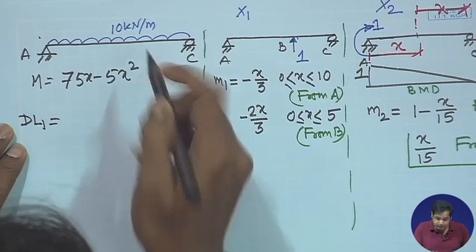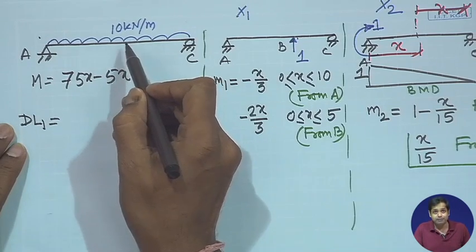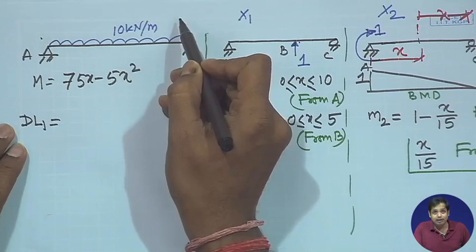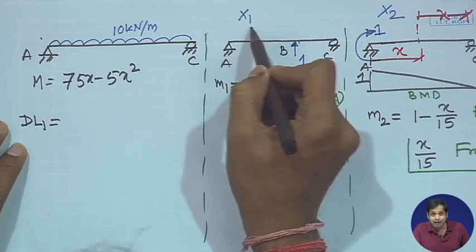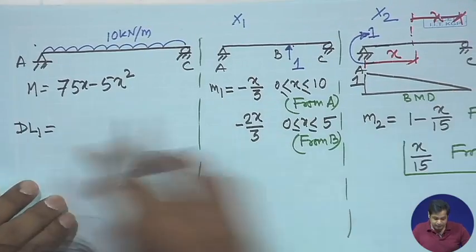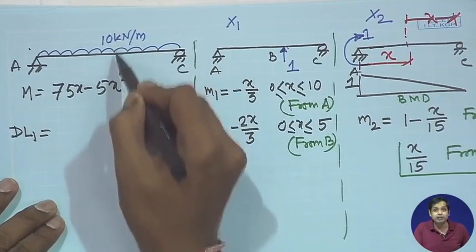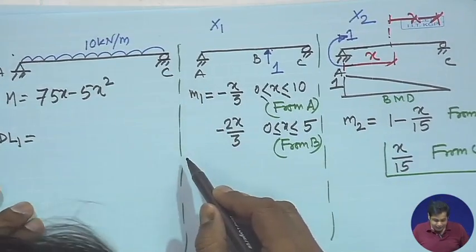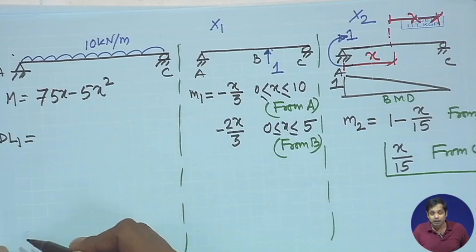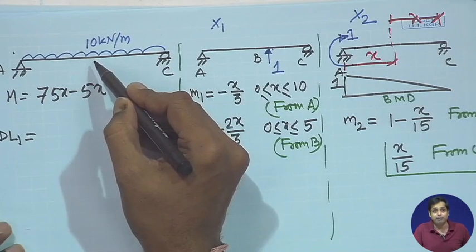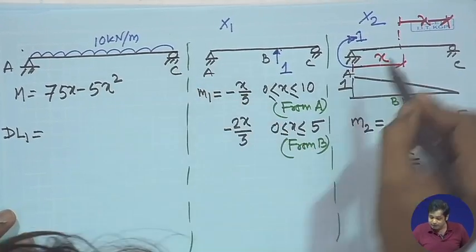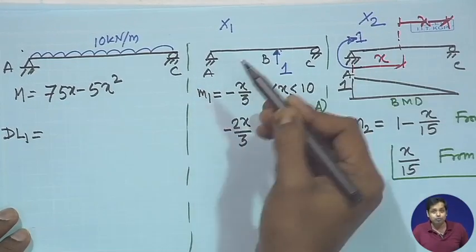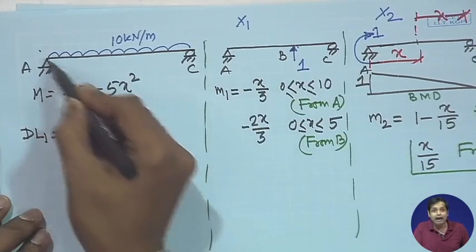DL1 is the displacement in the primary structure due to the externally applied load, and that displacement is in the direction of the first redundant force. So, DL1 is essentially the displacement at B, and then we need to find DL2. DL2 will be the displacement in the primary structure due to the external load in the direction of x2. So, DL2 will essentially be the rotation at A.